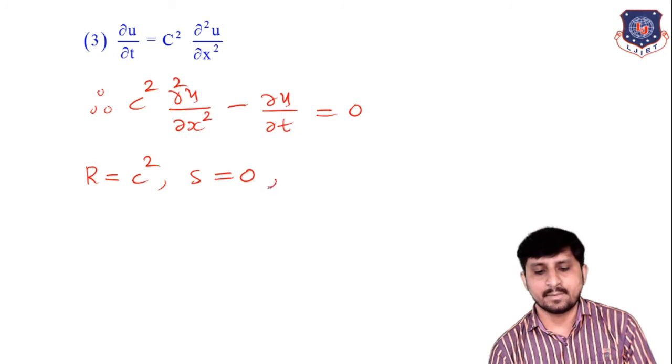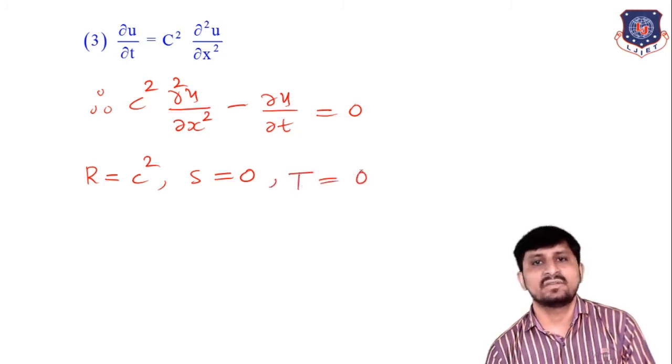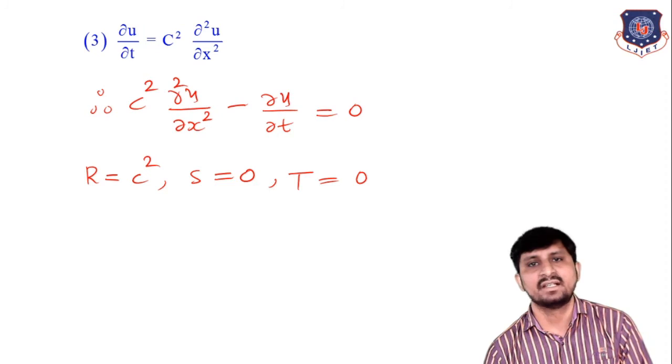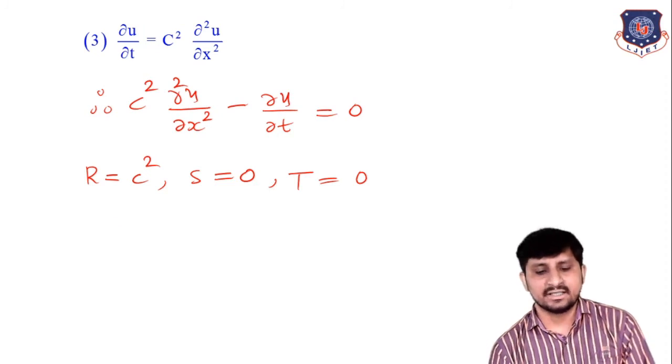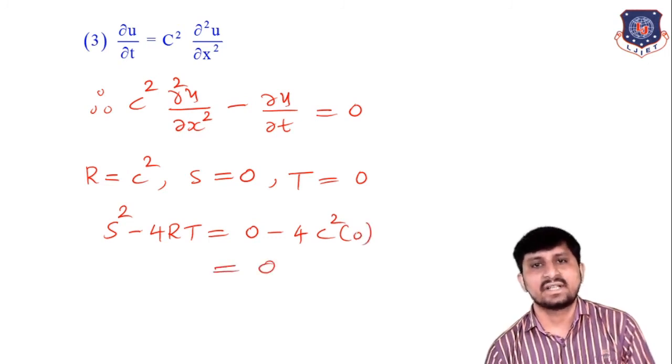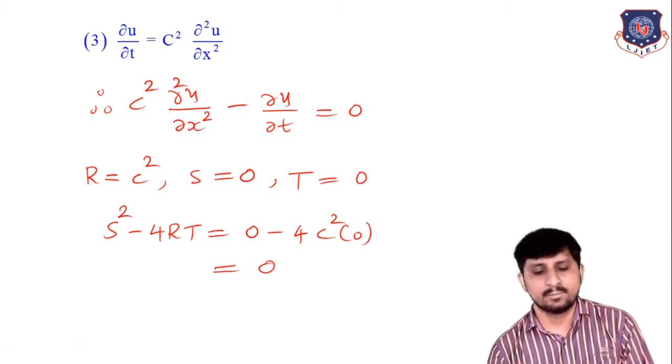And capital T is also 0, because here there is no term of del square u by del t square. Capital T is nothing but the coefficient of del square u by del t square. So clearly the value of s square minus 4rt is equal to 0 minus 4, r is c square, t is also 0. So the value of s square minus 4rt is 0. So that's why we can say that the given partial differential equation is parabolic.